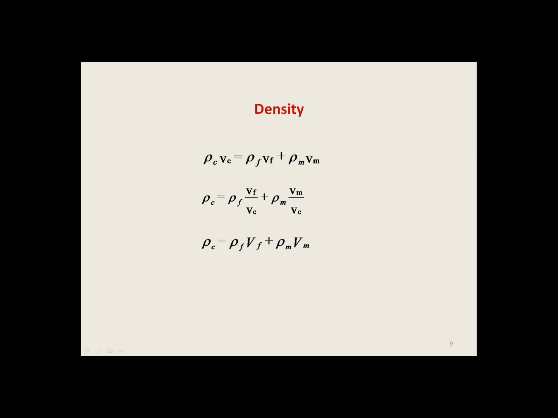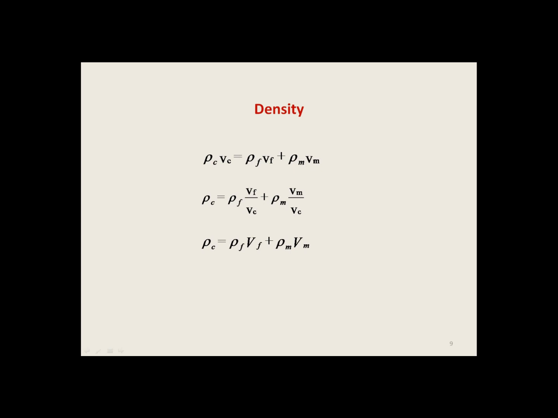Now we can use the definitions which we had already discussed between the fiber and matrix volume fractions. For example, small Vf by Vc equals capital Vf, and similarly small Vm divided by small Vc equals capital Vm, and that constitutes equation 2.8.